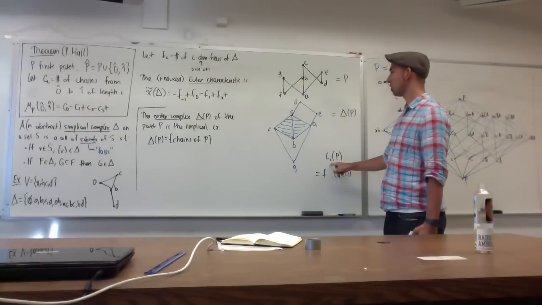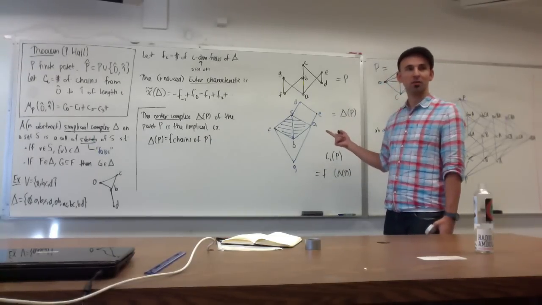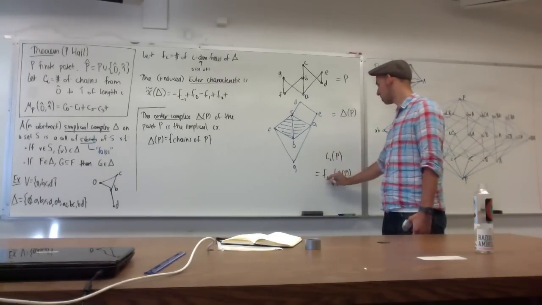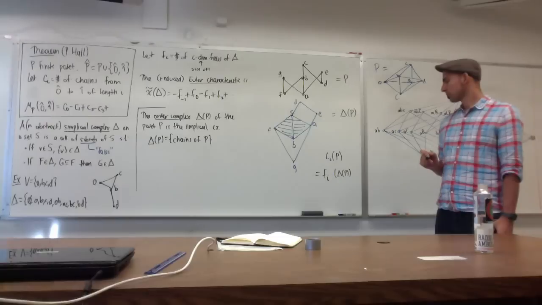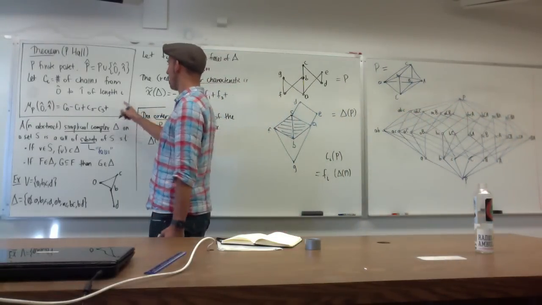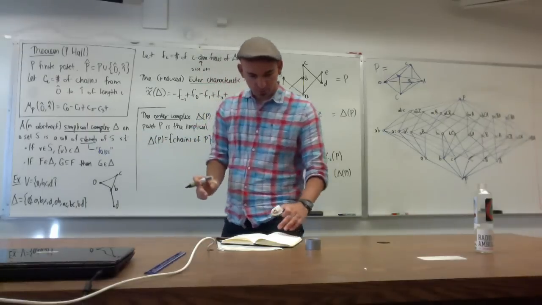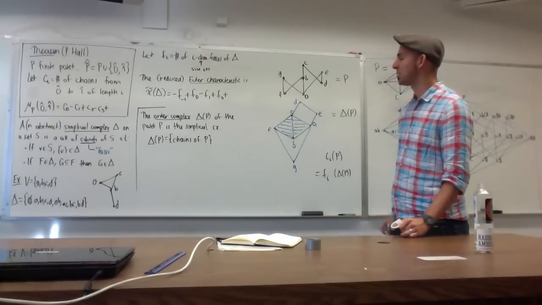If a chain has length i, then it has i plus 1 elements, and so it has dimension i. And so really these two things are the same as each other except for that -1 term.